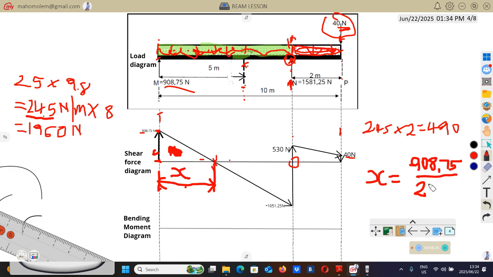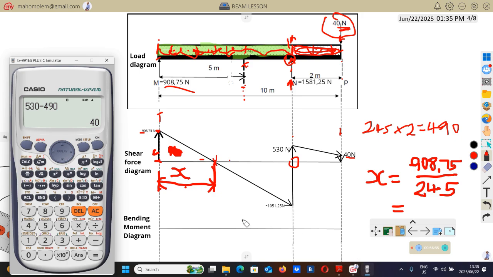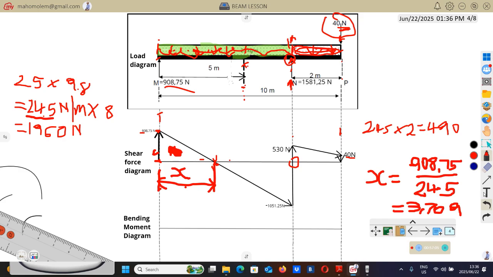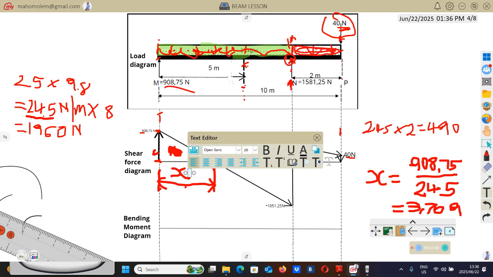So 908.75 divided by 245 equals to 3.709, meaning that the distance from here to there is 3.709 meter.